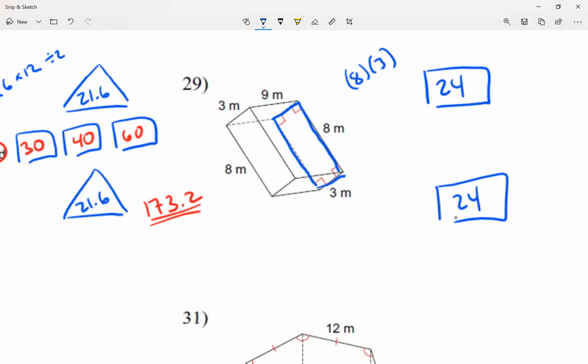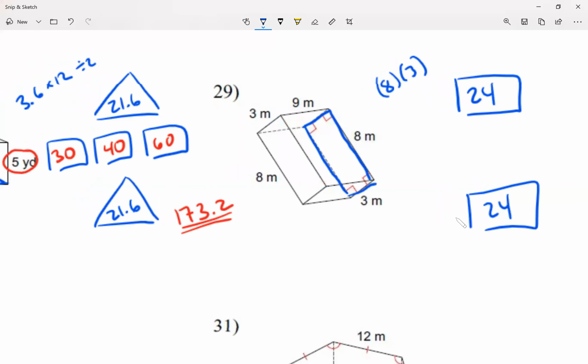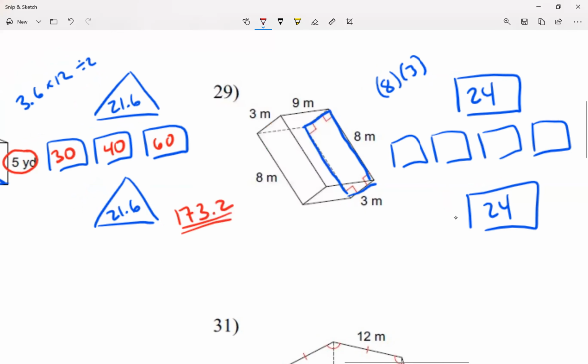Now here, I don't divide by 2. I divide by 2 in triangles, but not rectangles. My base has 4 sides. So guess what? In the center, I'm going to have 4 walls, 4 rectangles. The number that has nothing to do with my base is 9, because the measurements of my base are 8, 3, 8, and 3. So 9 has nothing to do with the base.